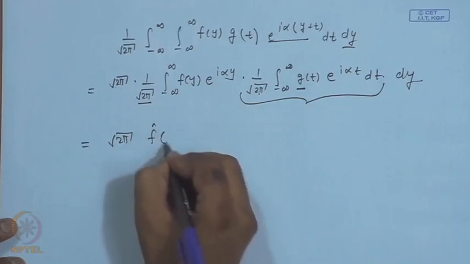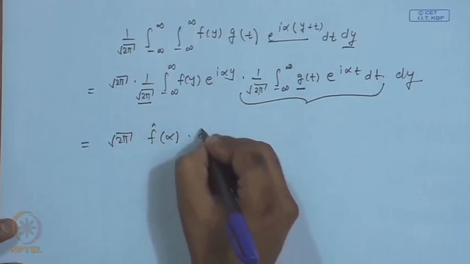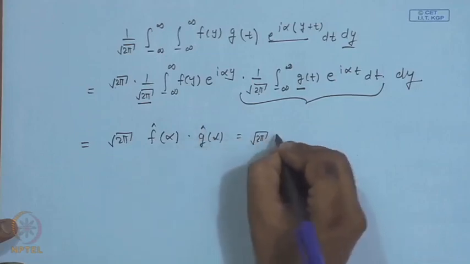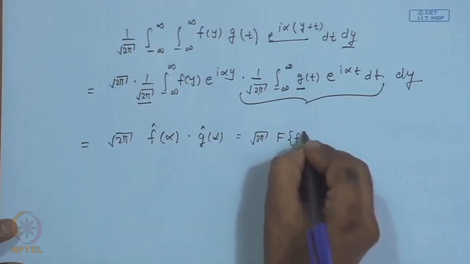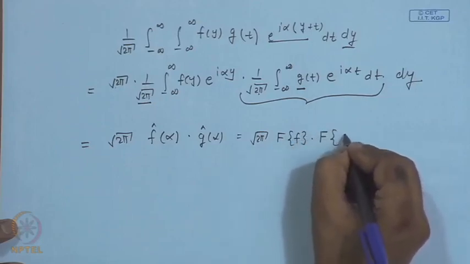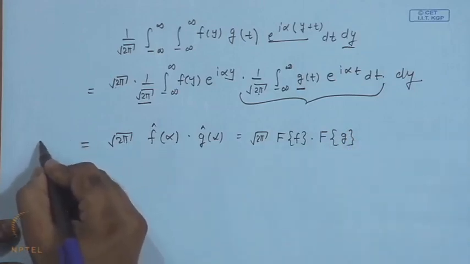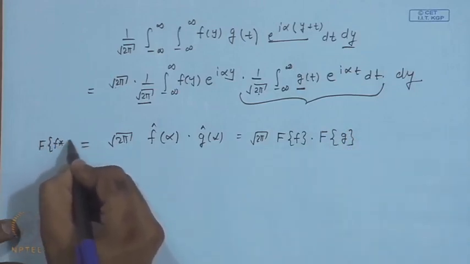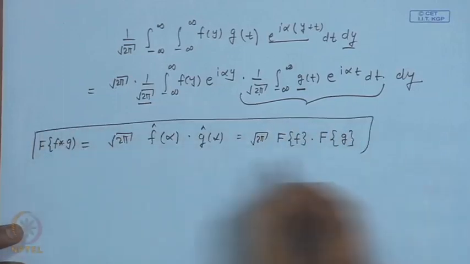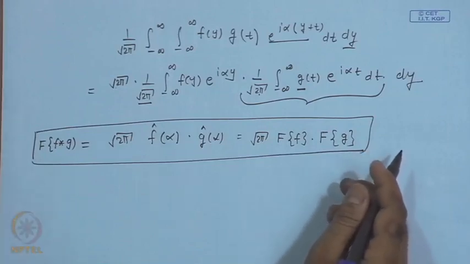So what we have here, f hat at alpha and g hat alpha, or we can write in this operator form the Fourier transform of f multiplied by the Fourier transform of g, and this was the Fourier transform of f star g. So this is the convolution theorem we have.